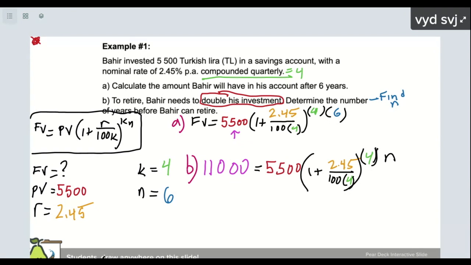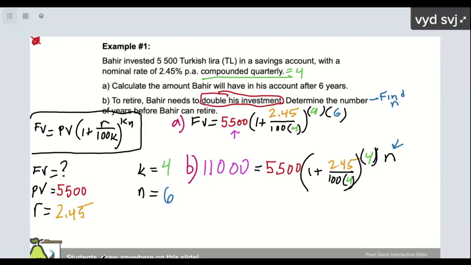So now we just want to solve for this guy right here. We want to get n on one side by itself as much as possible. First thing I'll do is divide both sides by this.